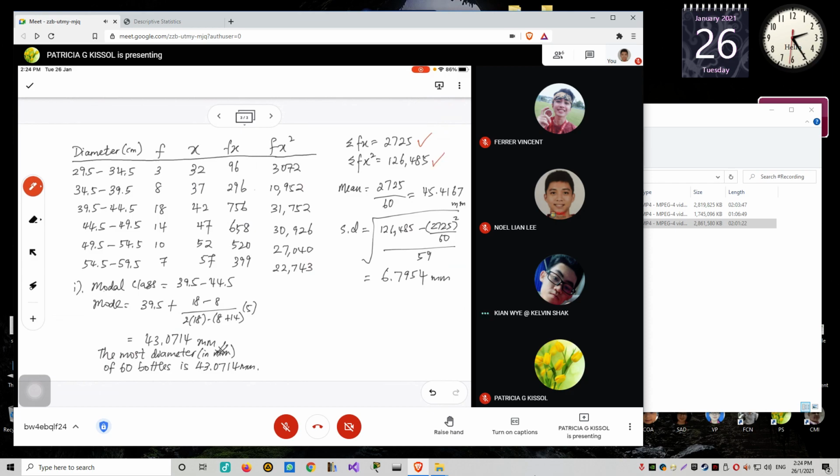126,485? Yeah. No need to write the unit there. It's mm, right? Why did I put the diameter here? Centimeter, it should be mm. I did write it, Calvin. It's on the final answer. No, I mean the sum of frequency times x squared, that one.